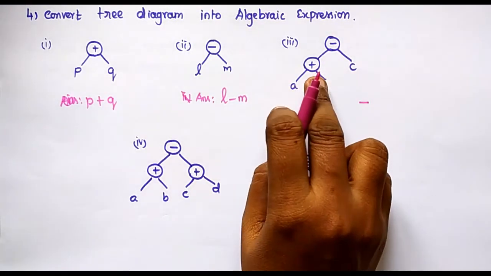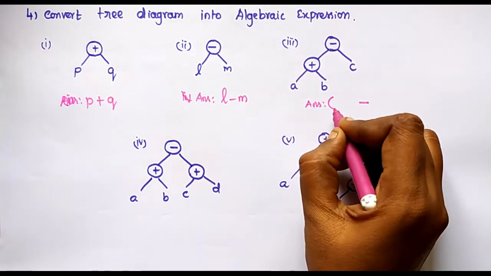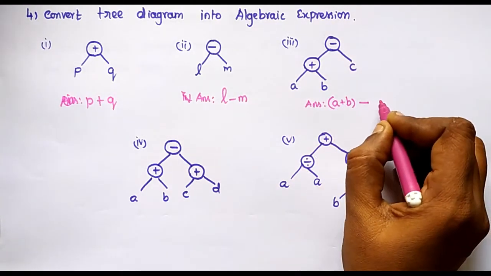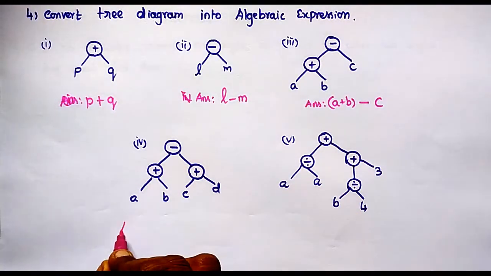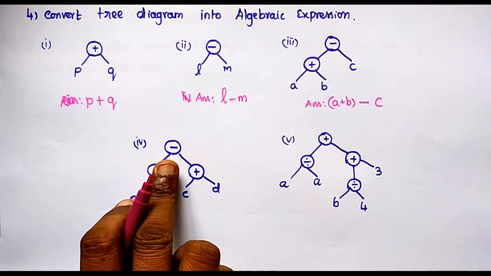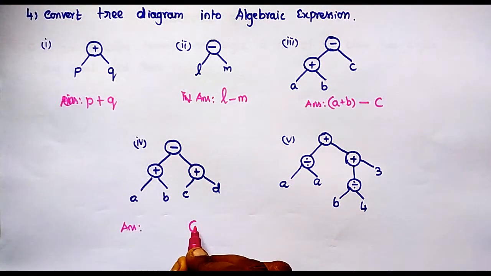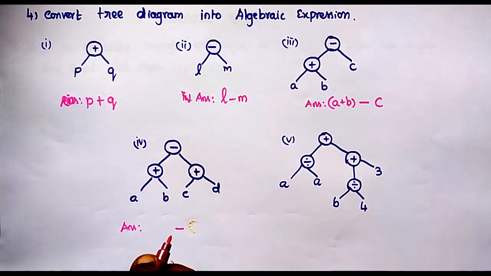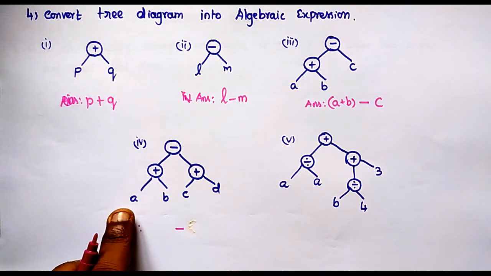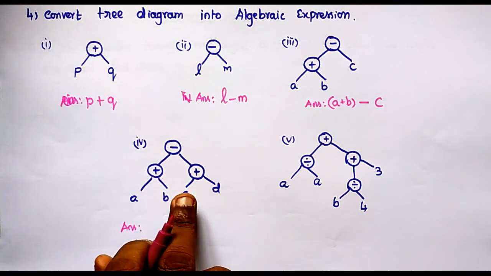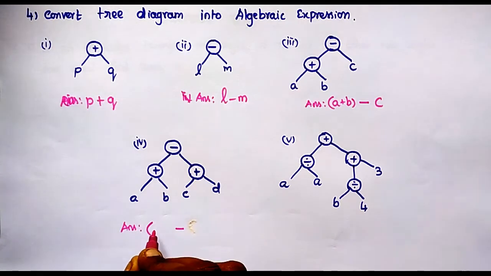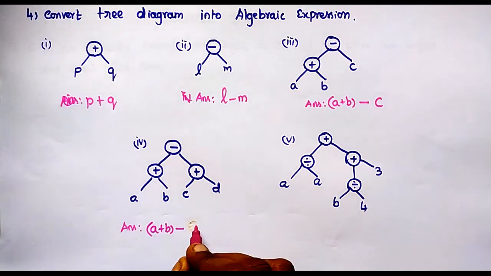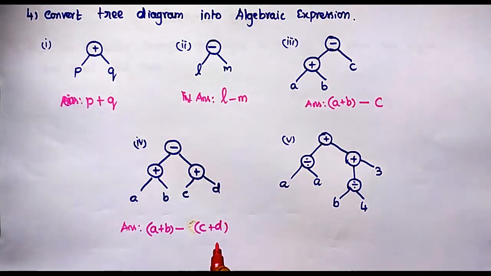Which one and which one? a plus b and c. So a plus b and c. Next answer, main operation is minus. Minus which one and which one? a plus b and c plus d. So a plus b and c plus d.